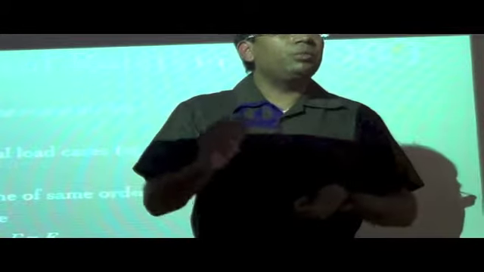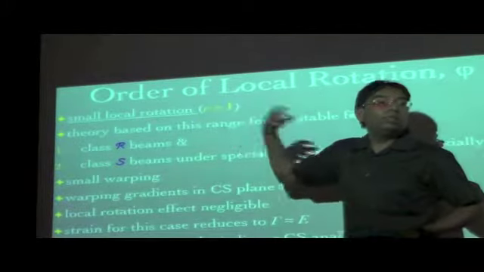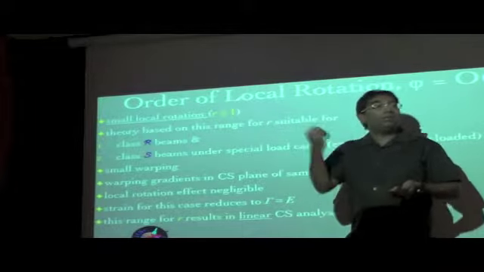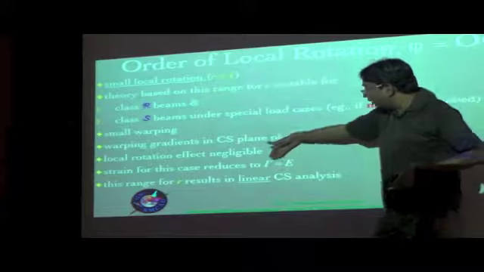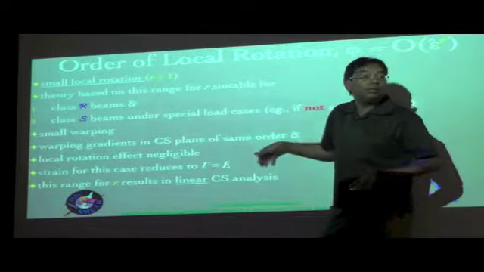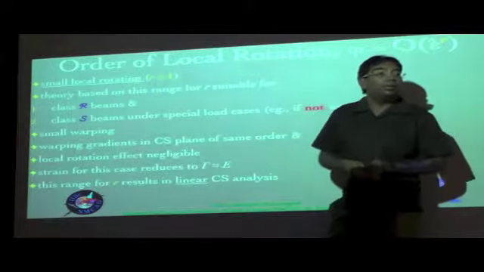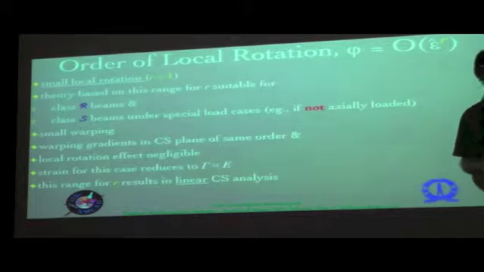And in such a situation, one of the local rotation components can be such that R is less than 1. So in other words, the local rotation magnitudes are larger, and therefore you cannot restrict your gamma to just E. You might have to consider the other terms in order to get a reasonably accurate result for any of your engineering properties.